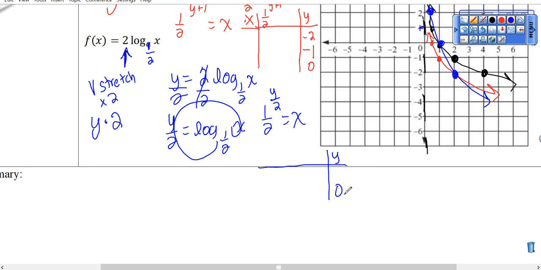Now, typically, we'll go 1 to the left of that and 1 to the right. But I don't want to do that, because if I do 1 to the left, if I do negative 1, don't write this down, just watch, I'm going to end up with 1/2 to the negative 1/2 power. That you have to think about. That's a pain. So here's my suggestion when you have a rational exponent, y over 2: pick multiples of 2, numbers that are divisible by 2.